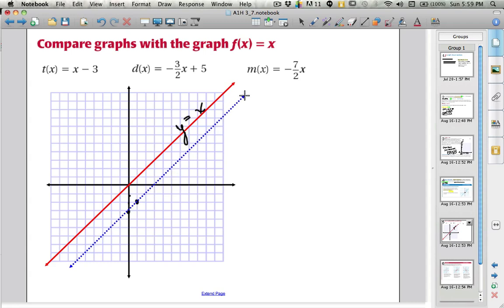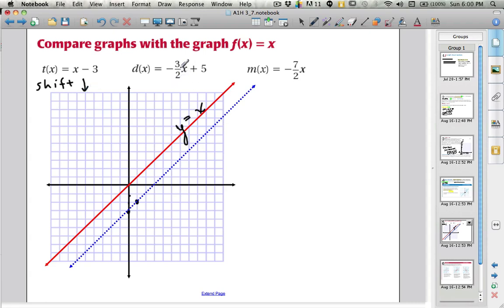And in fact, this is parallel, right? It's parallel because it has the same slope. The difference is each point along the way, it's 3 lower. So this is what's called shifted down, right? So this is the parent function that has been shifted downward.